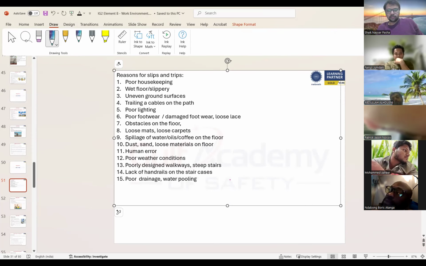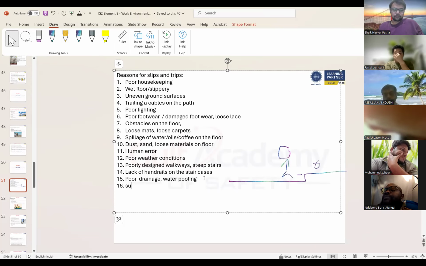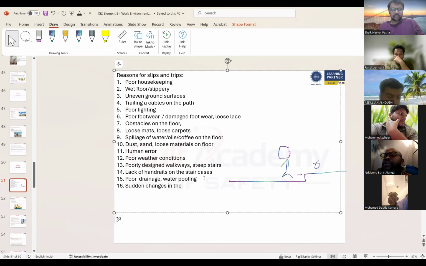When you're walking and there is a sudden change in the floor levels, a worker could trip and fall over it. Trailing cables on the pathway were already mentioned.